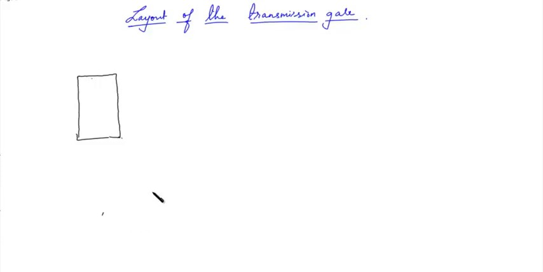This was the N-well. Then we'll have the P diffusion. This is the P diffusion layer. Then the N diffusion for drawing the NMOS. Okay.